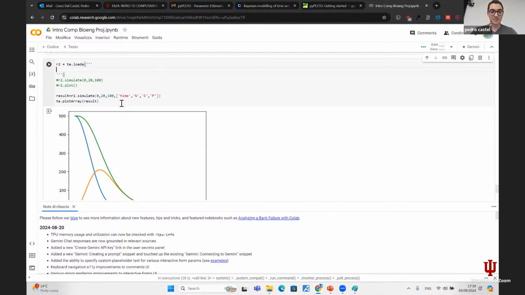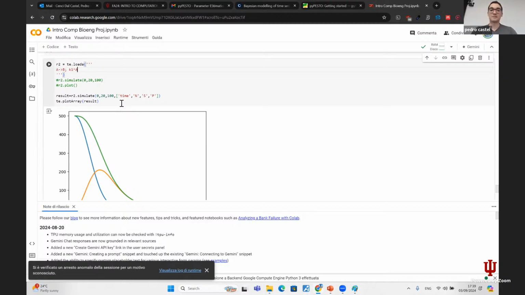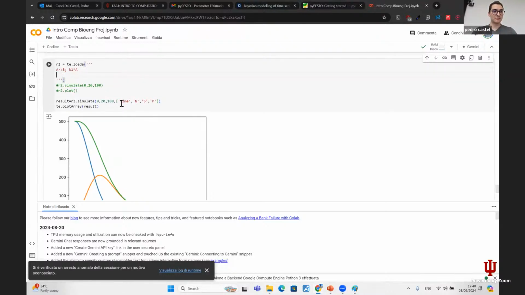His first attempt was the correct attempt, which is A goes to B at a rate K1 times A. And then you also have B goes to A, hopefully that works, at a rate K2 times B.